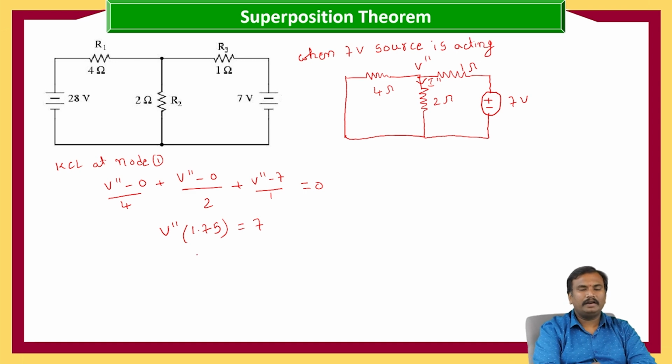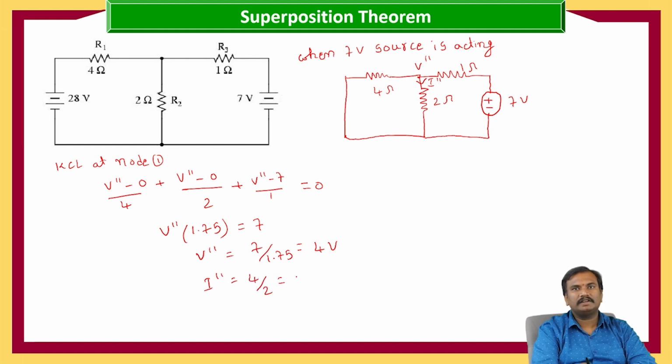So here V double dash is equal to 7 by 1.75, which is equal to 4 volts. Now we got V double dash as 4 volts, and I double dash is equal to 4 by 2 ohm resistance, that is 4 by 2, that is 2 amperes.